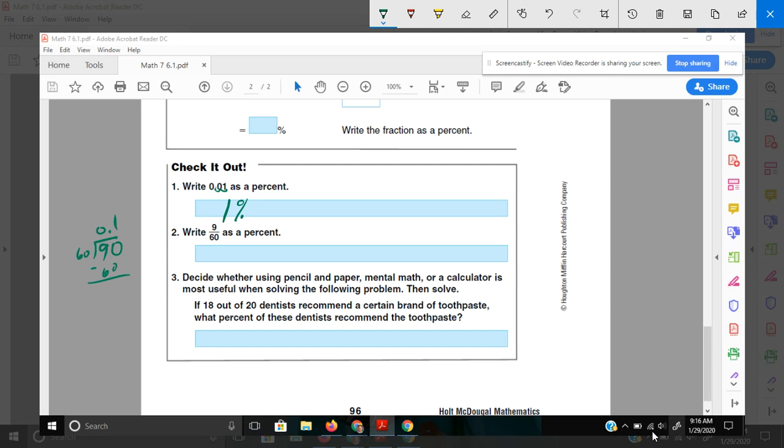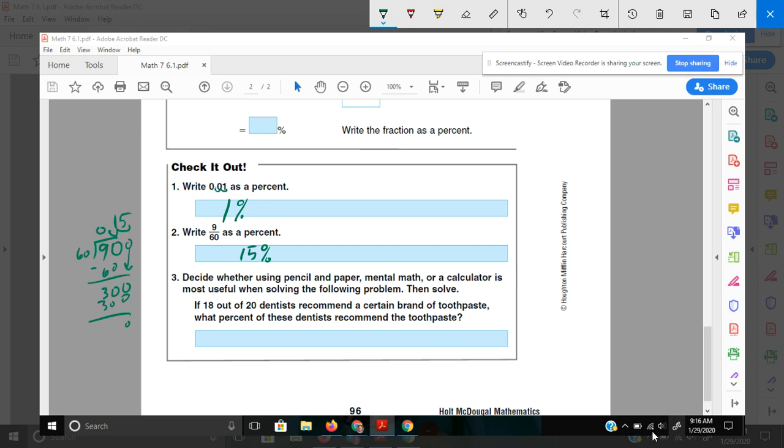I'll subtract and get 30 and bring down another imaginary 0. 60 goes into 300. Well, 6 goes into 30 5 times. Okay, so 60 times 5 would give me 300. And I'd be left with nothing. So I come up with 0.15. Moving it 2 spots will give me 15%.